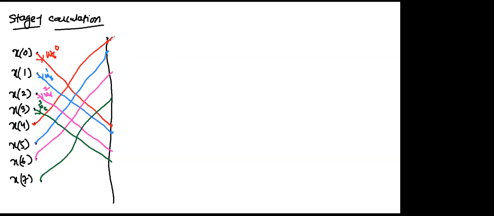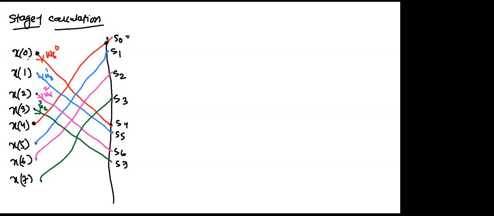Now only I said this. Given the butterfly, let the outputs be S0, S1, S2, S3, S4, S5, S6, S7. Now the equations are very simple. You see in the first butterfly, red color, what are the inputs?